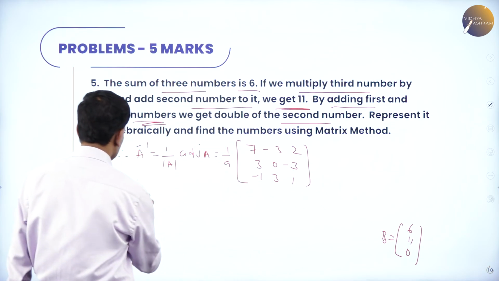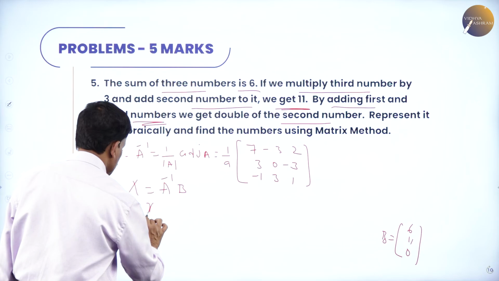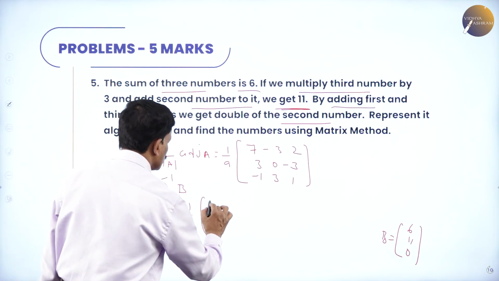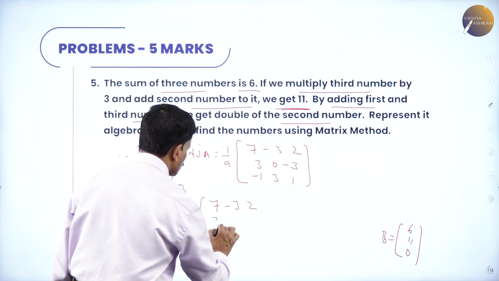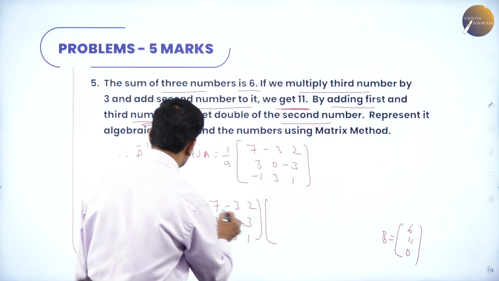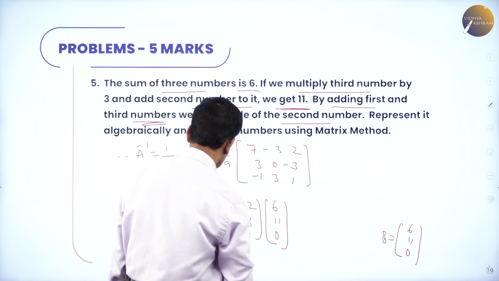Now therefore, the solution x is equal to A inverse B. Solution x, y, z is equal to 1 over 9 into the matrix 7, minus 3, 2, 3, 0, minus 3, minus 1, 3, 1 into B. What is B? 6, 11 and 0. Simplify this.